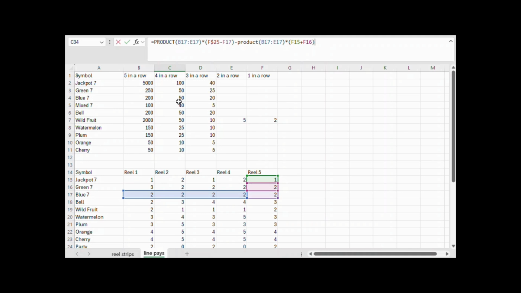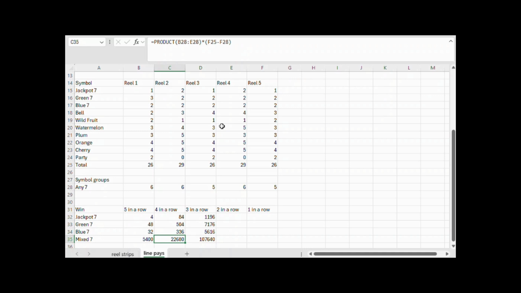So just to make sure I'm doing this right, the player would get paid 50 for 4 blue 7s or 100 for 5 mixed 7s. So we absolutely should subtract out those combinations where he gets paid both ways. So that brings down 4 blue 7s down to 336.